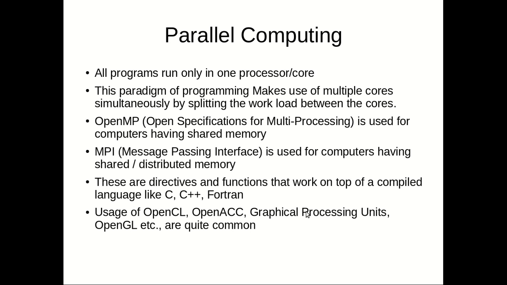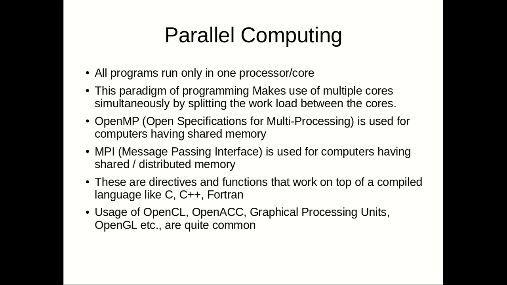And regarding parallel computing, there's something you have to keep in mind. Whenever you run a program, it just runs on a single core or a single processor, and it runs serially, in the sense one instruction followed by the other.